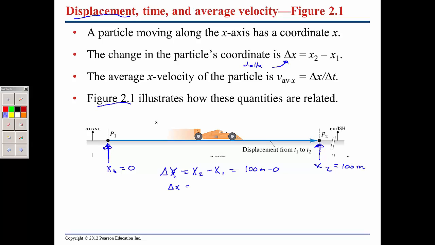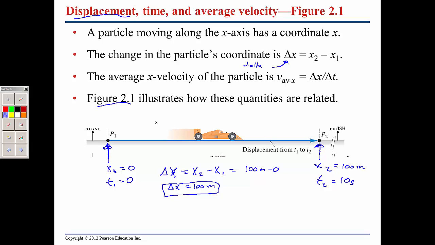So your change in position is going to be 100 meters relative to where you started from. Now, as you covered this distance, it took you a certain amount of time to do that. And we're going to say you started the clock, time is equal to 0, as you pass the starting line, and suppose it took you 10 seconds to do so.